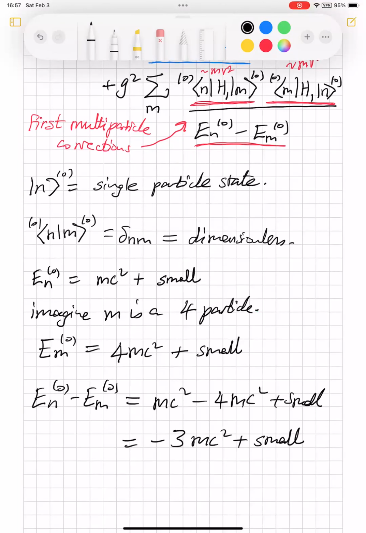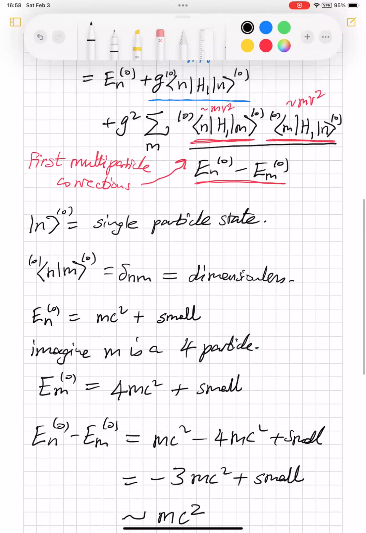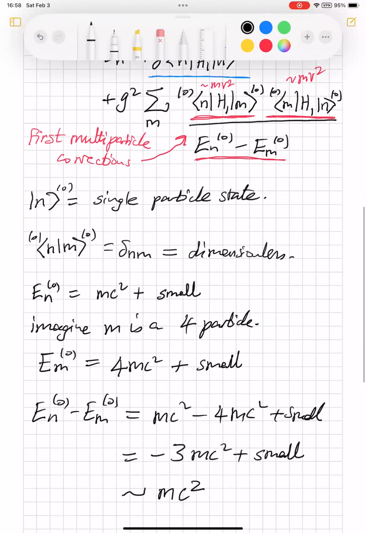But again, we're just interested in the size of this term. So we would say the size of this term is set by mc squared, because it is being set by the difference in the mass energy of the particles. So this last term in the denominator is like mc squared.